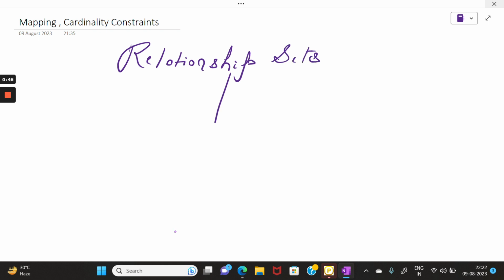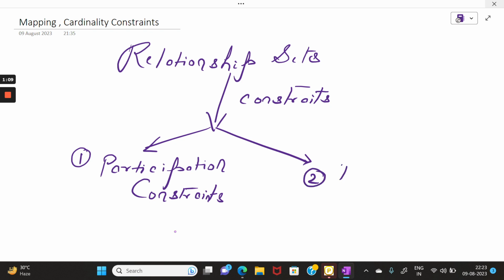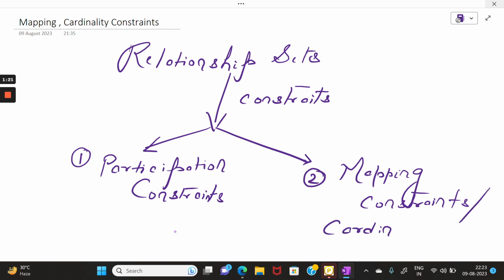The very first was the participation constraint, and the second one is the mapping constraint or the cardinality constraint. We are going to look into these two through some examples.